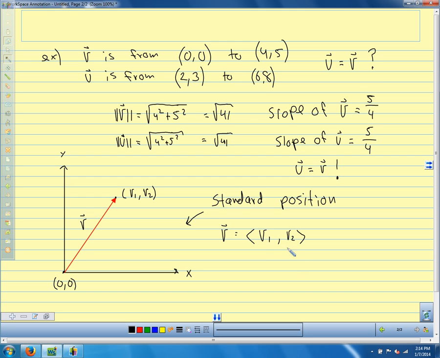So when we're in standard position, this is how we can write our vector. This is called component form. So when we write our vector in component form, it's telling us in the plane how far do we go in the x direction, how far do we go in the y direction. That's what our components tell us. X component, y component.